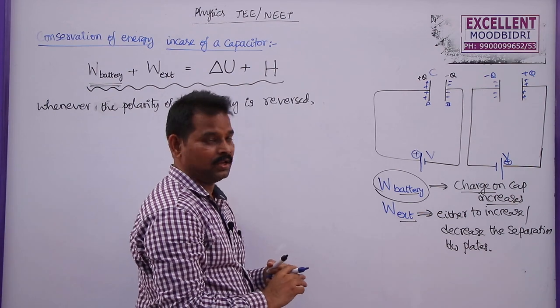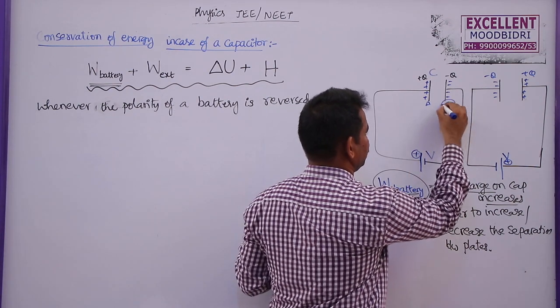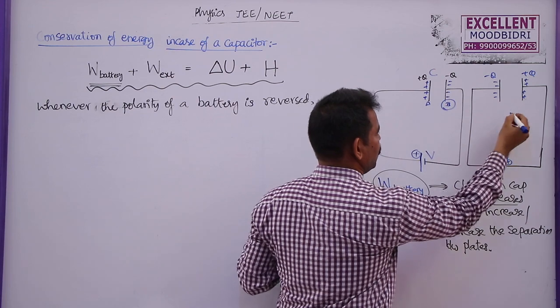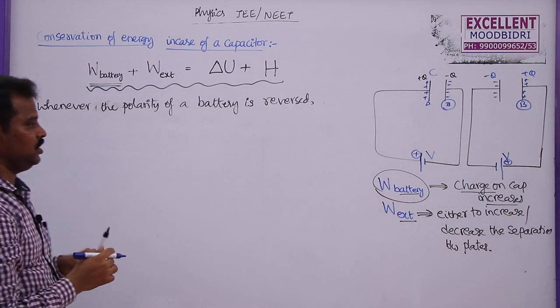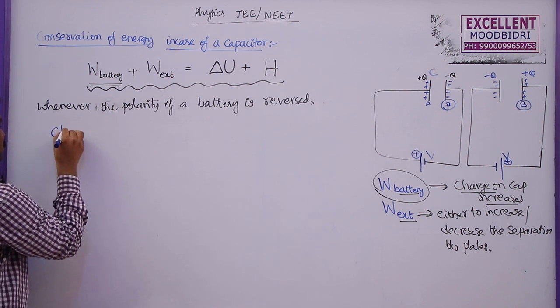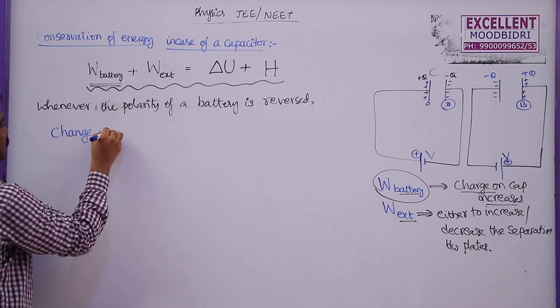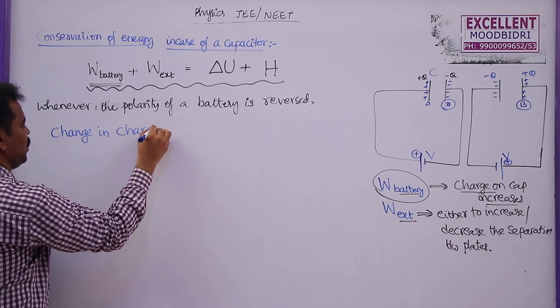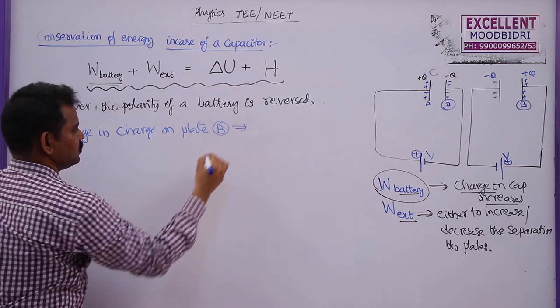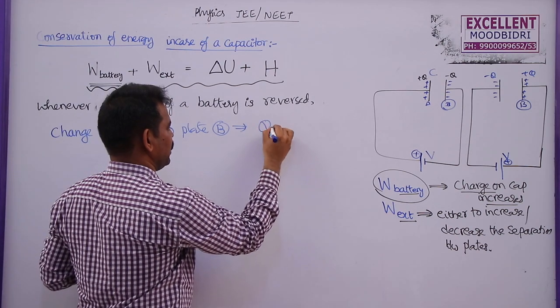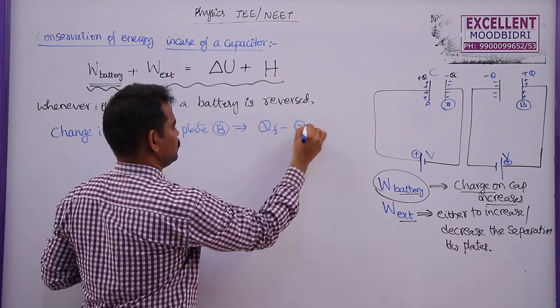Here you can see the charge on plate B previously was minus Q, now the charge on plate B is plus Q. So what is the change in charge on plate B? This is the final charge minus the initial charge.